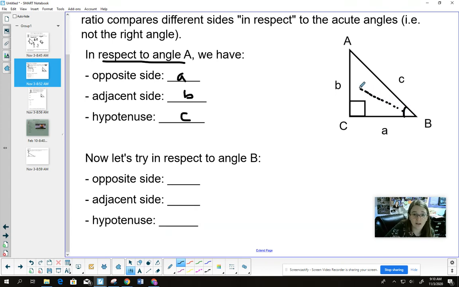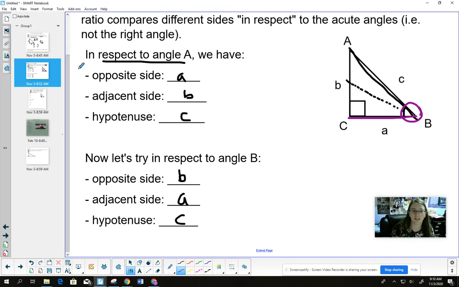If I draw my little line here, boom, that is opposite to angle B. Now, the hypotenuse does not change because the hypotenuse is special, right? So C is still going to be the hypotenuse. Therefore, now the adjacent with respect to B is A. Again, we can see this side is next to this angle, but it's not the hypotenuse, so we just call it the adjacent.